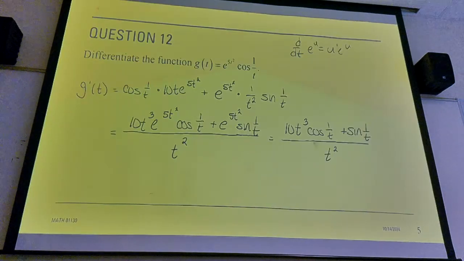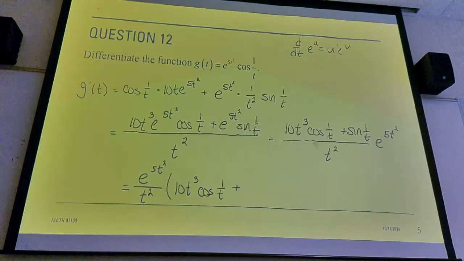So you could write it that way, by factoring out that e to the 5t squared. A more common way you'd see this written, however, would be this. That is definitely the more common way of seeing it.